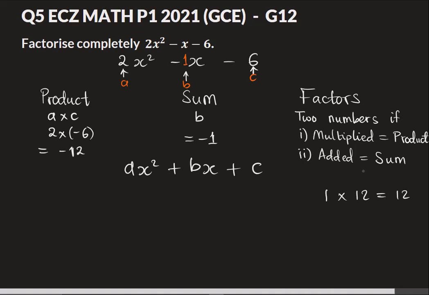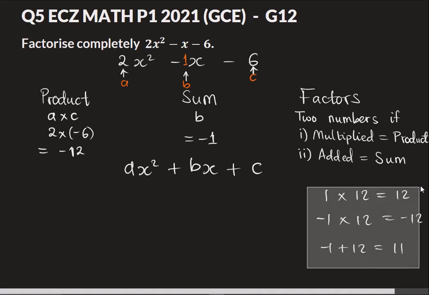So in this case, I can say negative 1 multiplied by 12, which gives me negative 12. But the problem here is that if I add negative 1 and 12, I'm not getting my sum, which is negative 1. I'm getting 11, which is not correct.